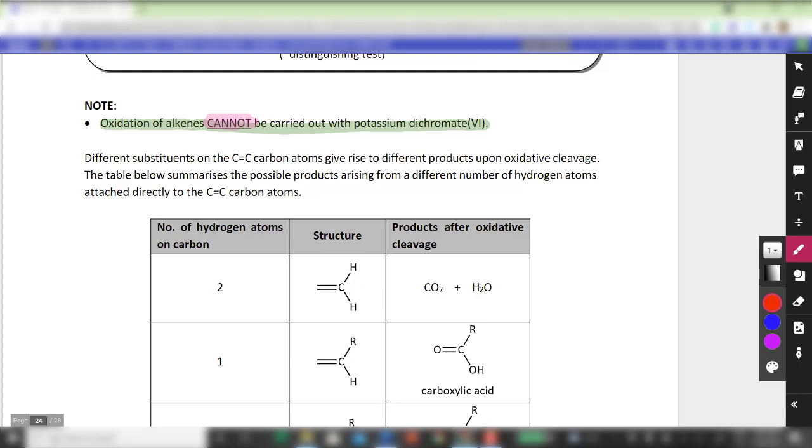Some of you might also be interested in the mechanism of oxidative cleavage, but take note that the mechanism is not within the H2 curriculum. And usually strong oxidation conditions for alkenes are not a very well studied reaction because it occurs too rapidly and in most cases is difficult to study.